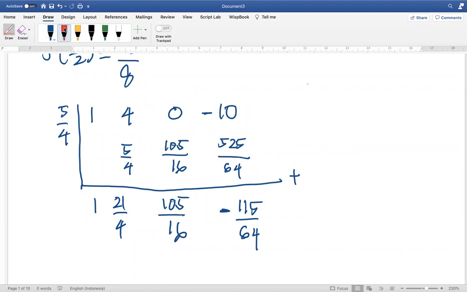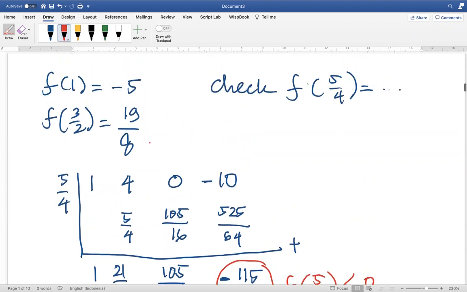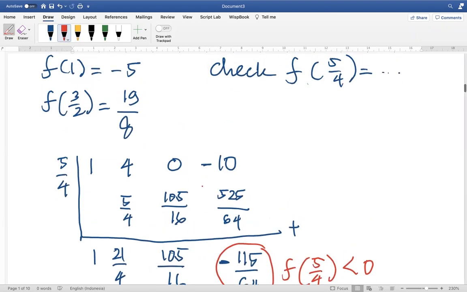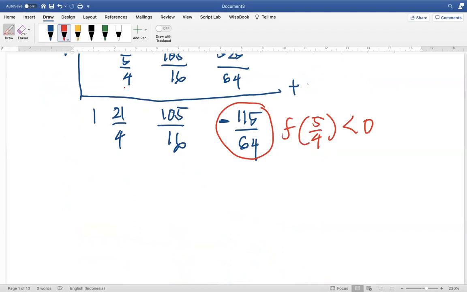So this is f(5/4), negative. Then you know what to do? Remove which one? f(p2) has the same sign as f(a2). Yeah, remove this one.